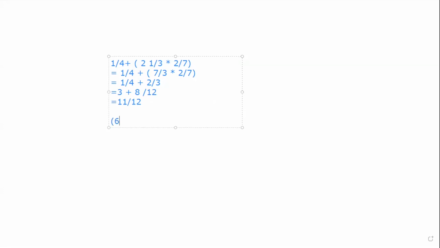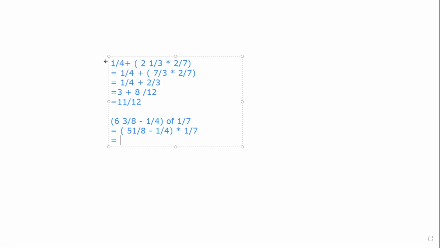within brackets, 6 and 3 over 8 minus 1 over 4, close bracket, multiplied by 1 by 7. So first you have to convert the mixed number into an improper fraction. Then you will get 51 over 8 minus 1 over 4, multiplication mark, 1 over 7.